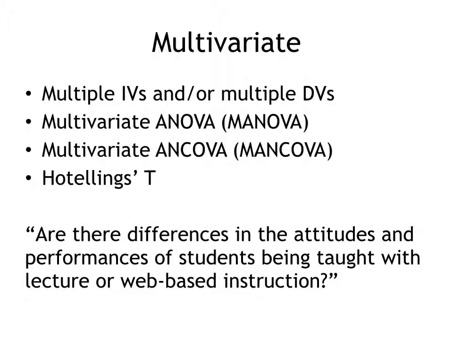You will see multivariate ANOVAs, and these are called MANOVAs. If you see MANCOVA, they're talking about multivariate ANCOVAs. And you'll also see what's called Hotelling's T. Basically, all of these mean that the researcher is looking at multiple independent variables or sometimes multiple dependent variables.